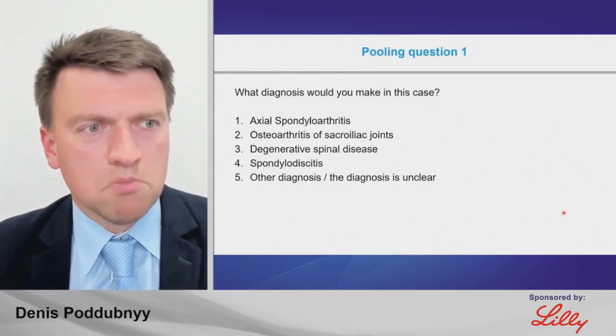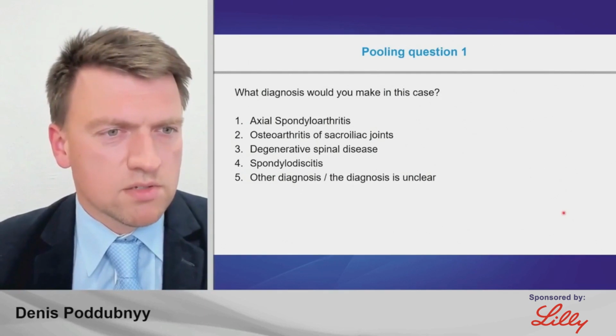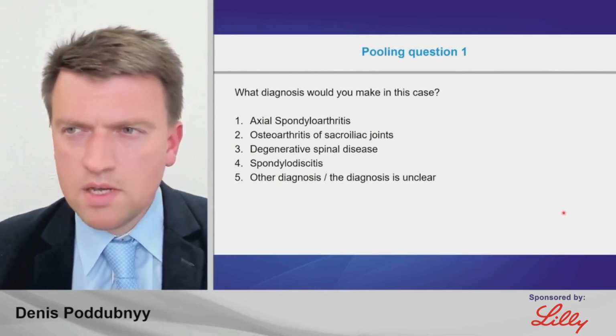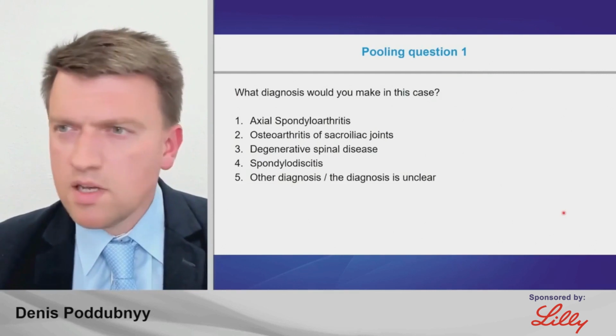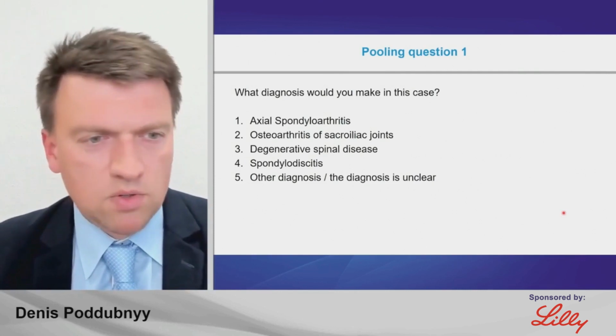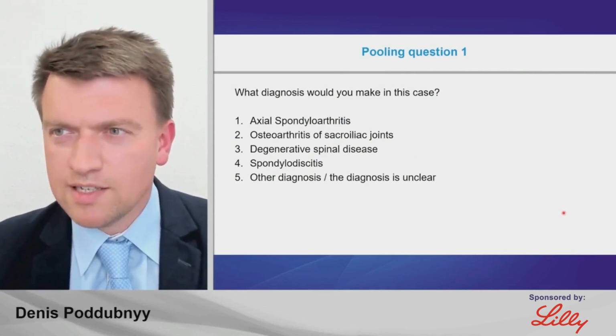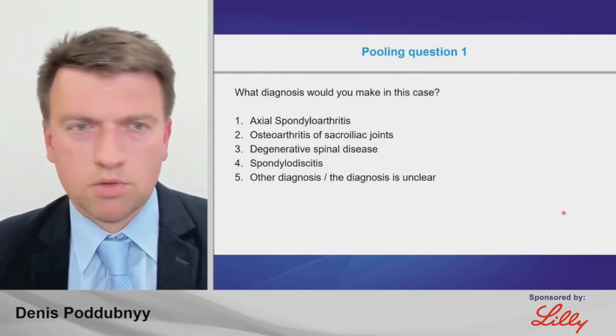Axial spondyloarthritis, maybe you think this is just an osteoarthritis of sacroiliac joints, maybe it's for you degenerative spinal disease, spondylodiscitis, or other diagnosis, or the diagnosis is unclear. So please vote now, and in a few seconds I will show you the correct answer.